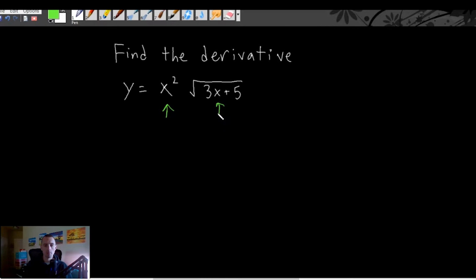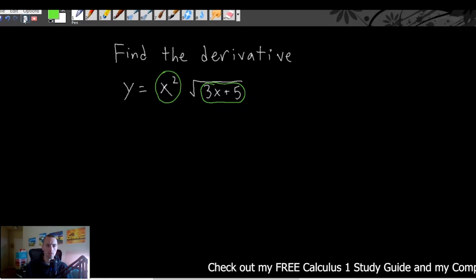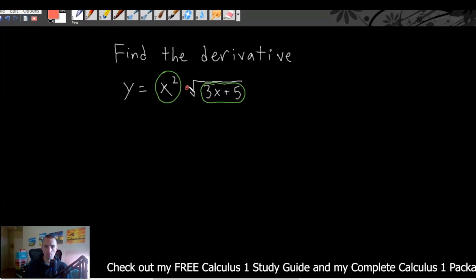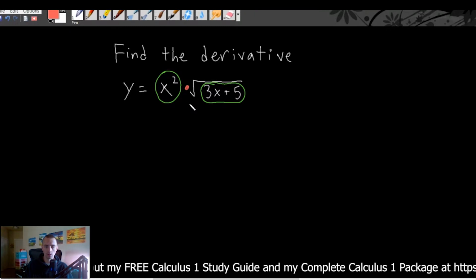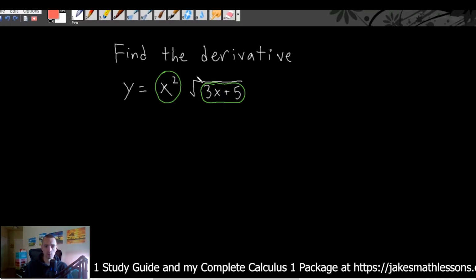Based on order of operations, we would deal with this x squared first, and then with what's inside the square root here. Then the next thing we would do, sorry, would be to deal with the square root.